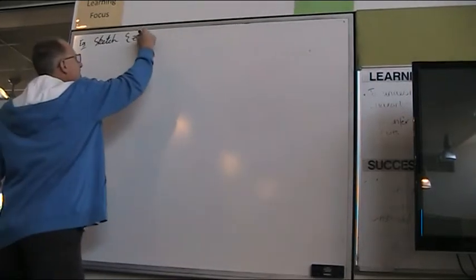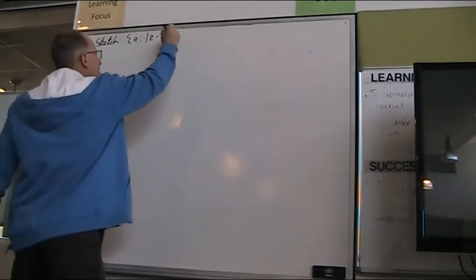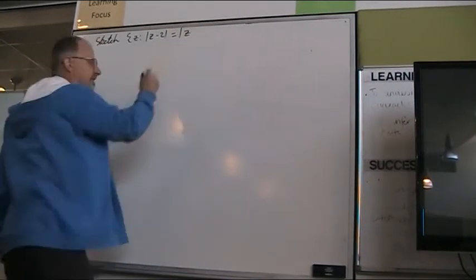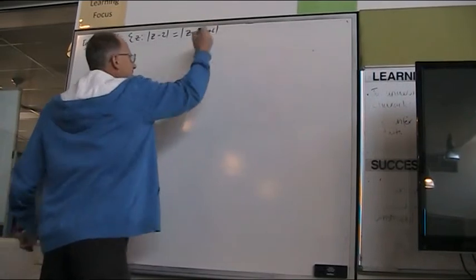Set of z, that's the magnitude of z minus 2 is equal to the magnitude of z minus 1 plus i.